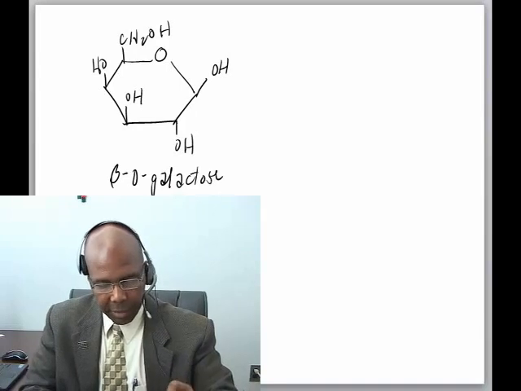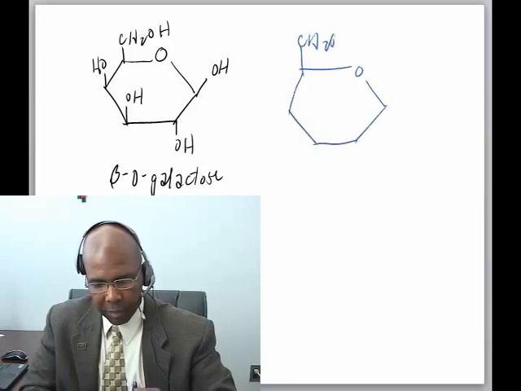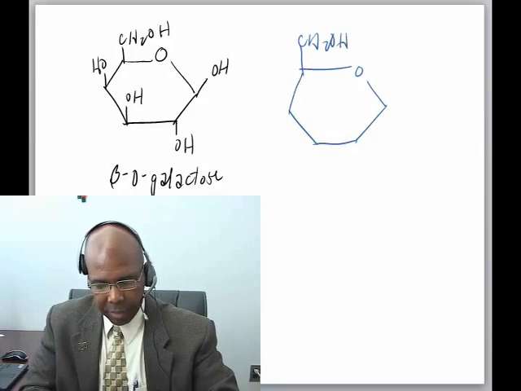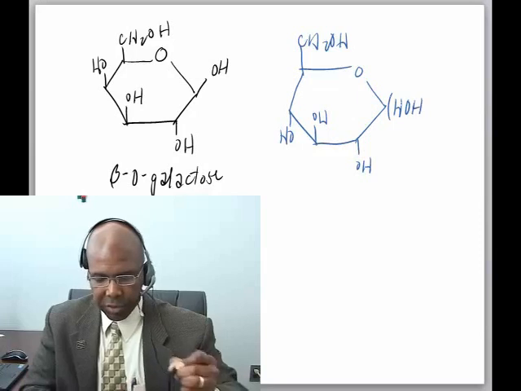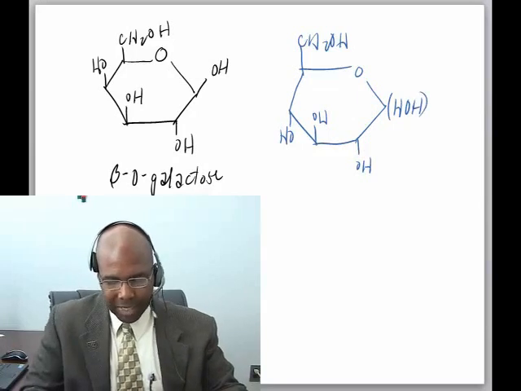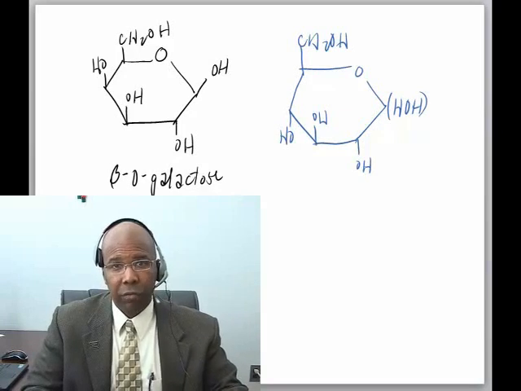Okay, and glucose. 1, 2, 3, 4, 5, 6. Up, down, up, down. And it doesn't matter what the orientation of this one is. I'm just going to write that one like this. So what's going to happen here is it's going to be a beta 1,4 linkage.